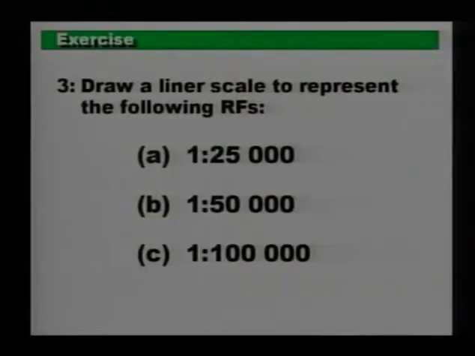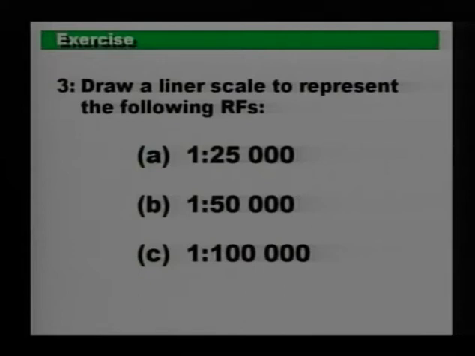Activity 3 or 4, according to your worksheet, you were supposed to construct a line scale to represent the following representative fractions, or RF. The first one is 1:20,000. The second RF that was given was 1:50,000, and the third one is 1:100,000.